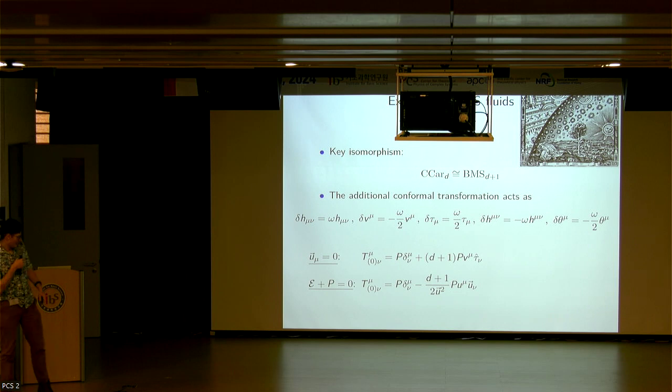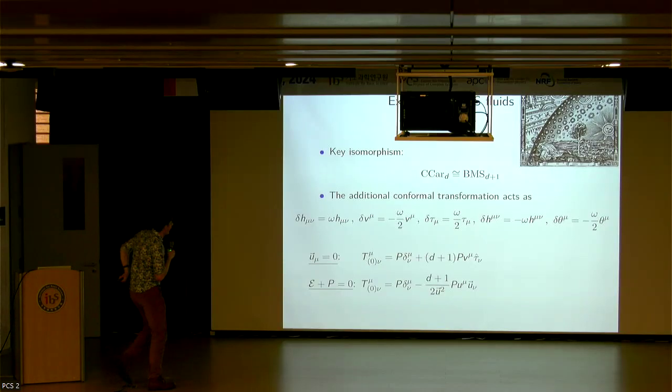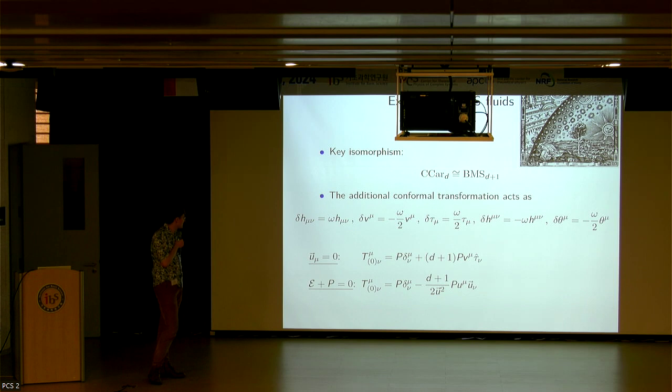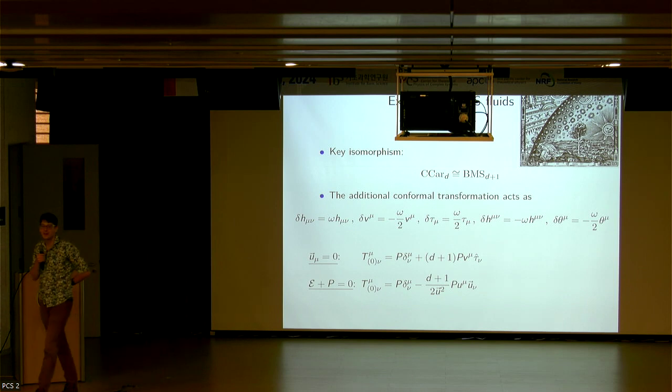No. The short answer is no, I don't think so. That's going to be something slightly different. Can you be more specific? Well, I think you would have to consider that these are not fluids on null surfaces. I think you'd have to consider that instead.